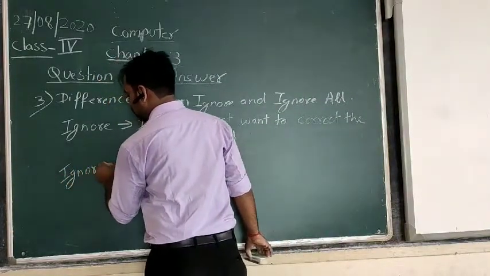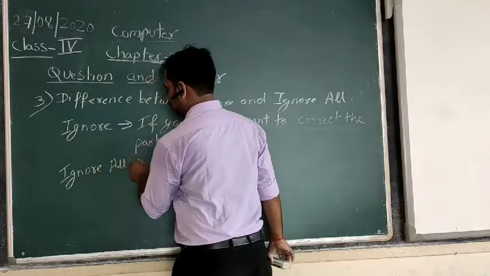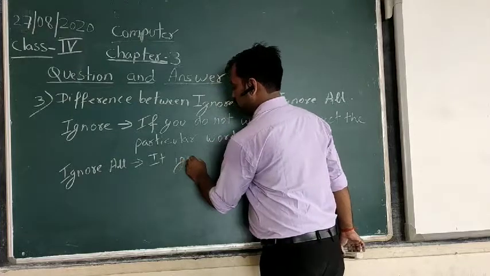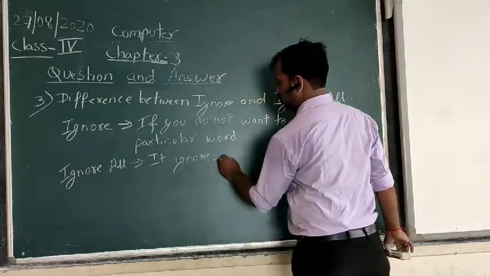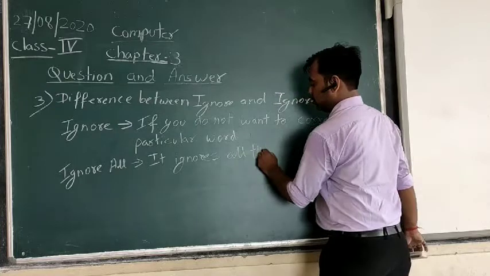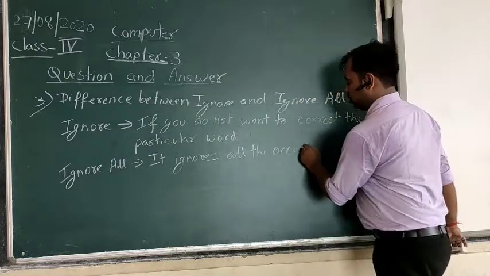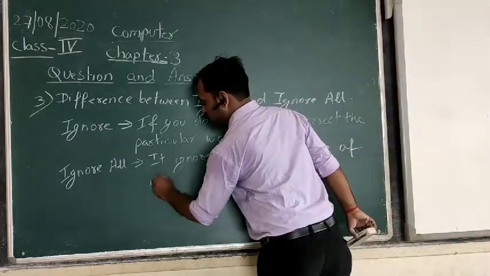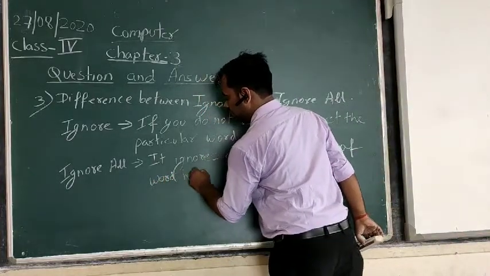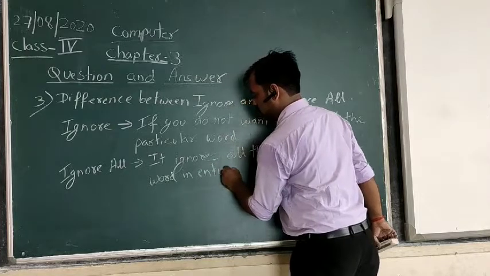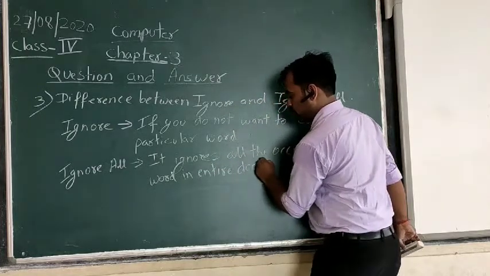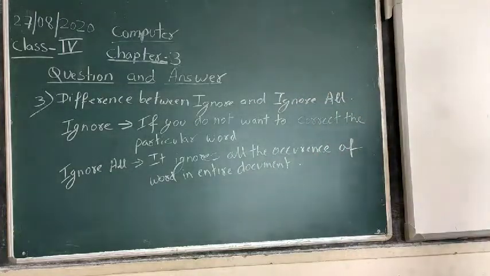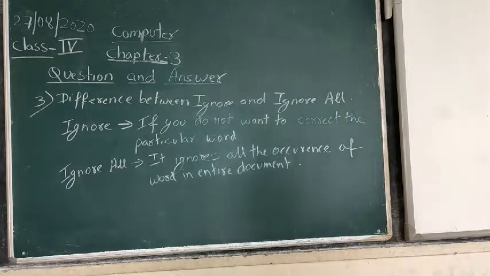Ignore all ignores all the occurrences of the word in the entire document. Okay, so this is the difference between ignore and ignore all.